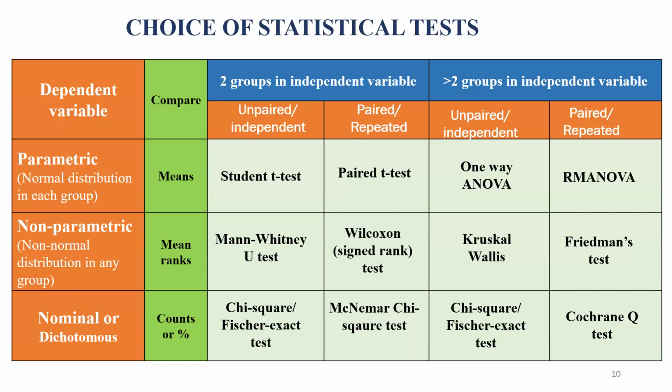Okay, so if such a scenario is there, before and after, then you can go for this Cochrane Q test. I myself haven't used this test, but if such a scenario is there, we can go for this Cochrane Q test. I've never seen this test getting used. Other than this test, what are the options we have?